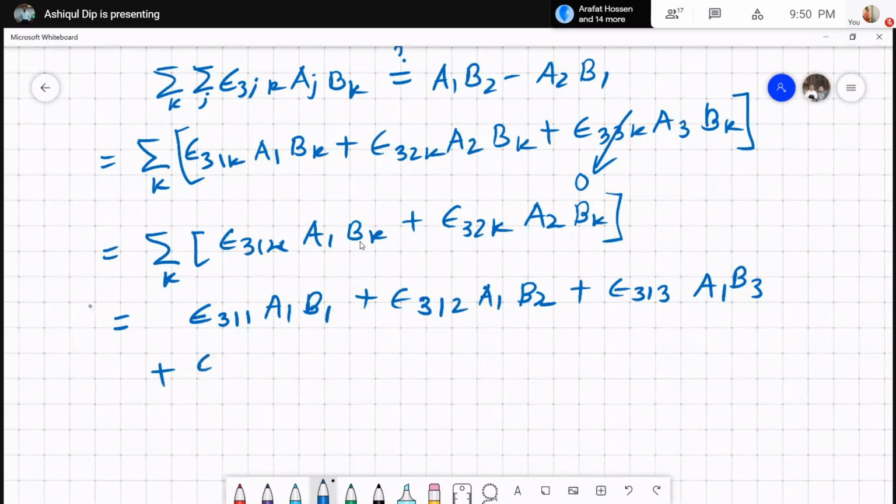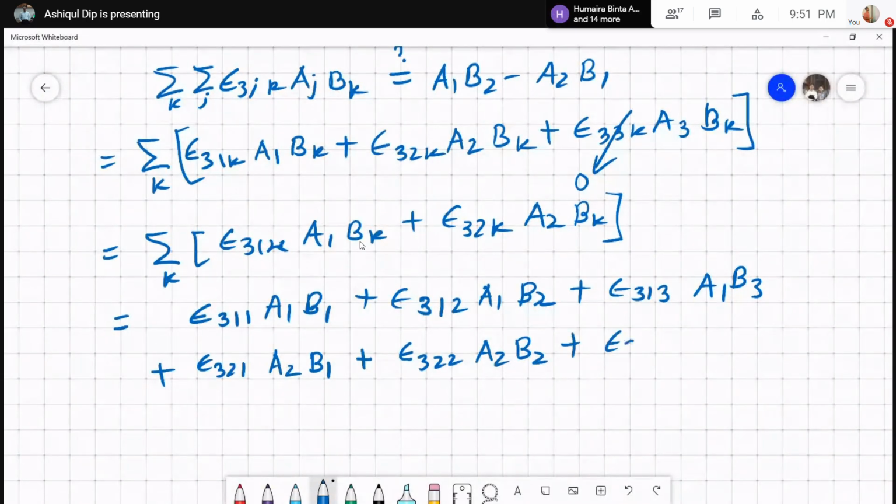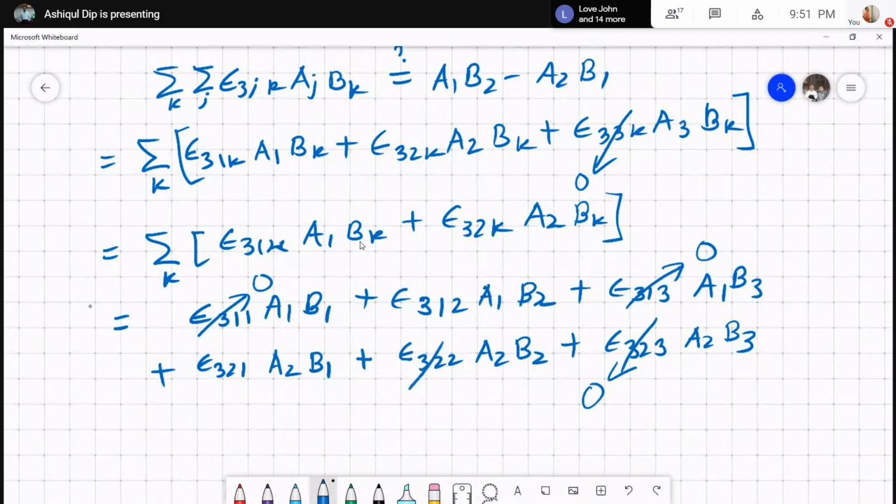Epsilon 321 a2 b1, plus epsilon 322 a2 b2, plus epsilon 323 a2 b3. By the same argument, when you have a repeated index, it gives you 0. You're left with only two terms, this one and that one.